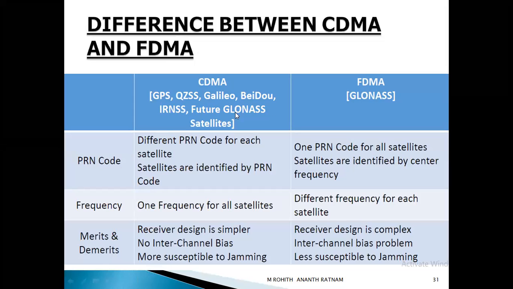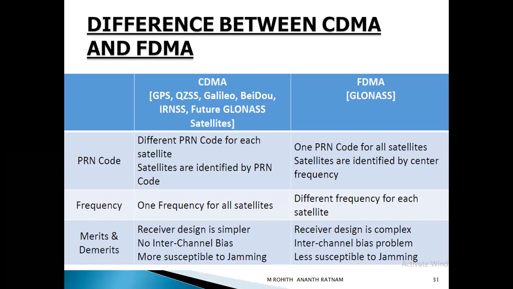Yeah, this is where the difference between CDMA and FDMA lies. Most of the satellites like GPS, Galileo, BeiDou, IRNSS, QZSS, all these satellites use CDMA only. Only GLONASS is using FDMA. So the PRN code for CDMA means that for each satellite there is a particular identification number, right?